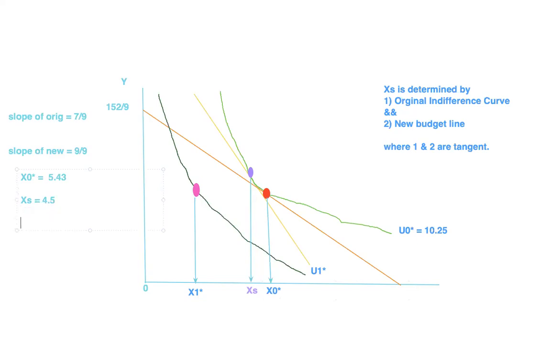So the change, the DXS, where D is for delta, or the change in, is going to be where we ended up, 4.5 minus 5.43. And do you have your calculator, Sonika?